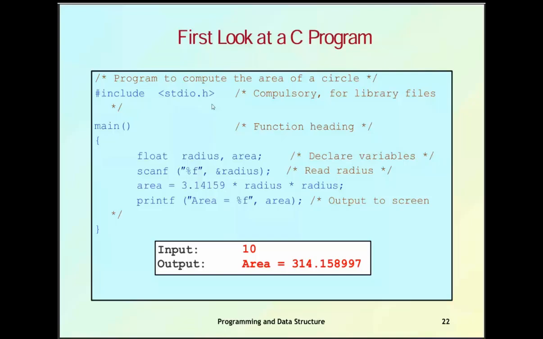Standard input output.h, we call it a header file or library file. As of now you can think of it this way, I will come to this part. Let me first explain this. Compulsory for library files. It is written with this slash.